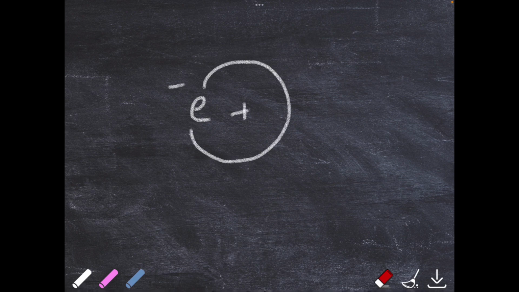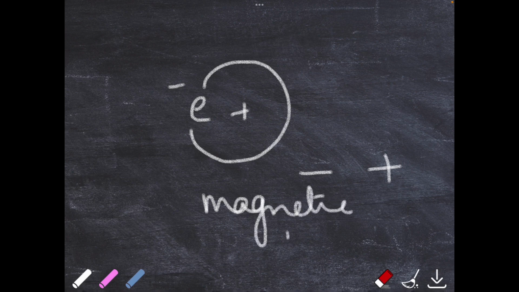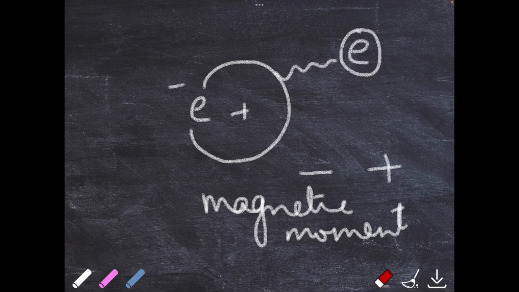The electron is negatively charged and the nucleus is positively charged. Due to the negative and the positive charge, there arises a magnetic moment between the two. And this magnetic moment interacts with the magnetic moment of the earth, because earth is also a magnet.